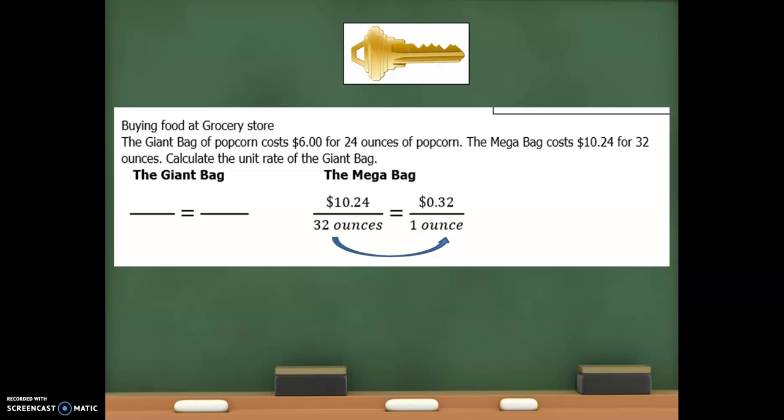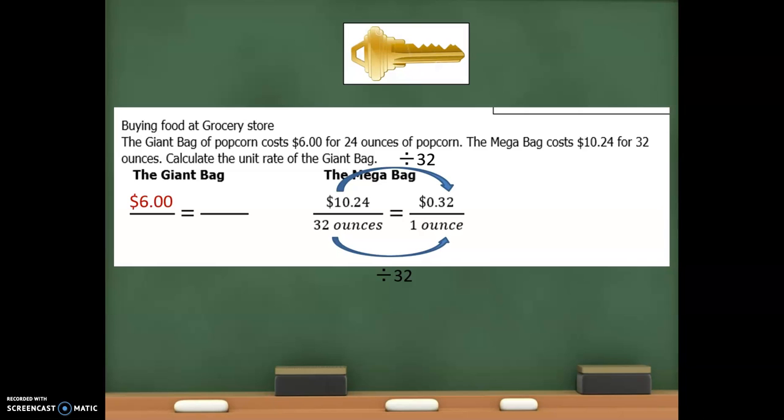That's how I solved it. I said, how do I get from 32 ounces to 1 ounce? I divided by 32. So I'm going to do the same thing, starting on the left, going to the right. Divide $10.24 by 32. That actually gave me 32 cents. That's how I got the unit rate for the mega bag.